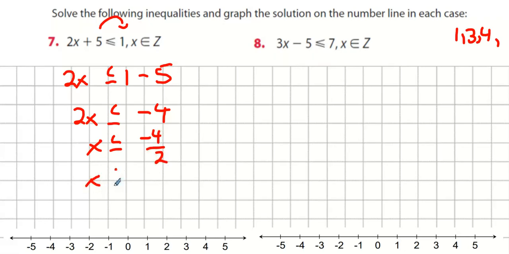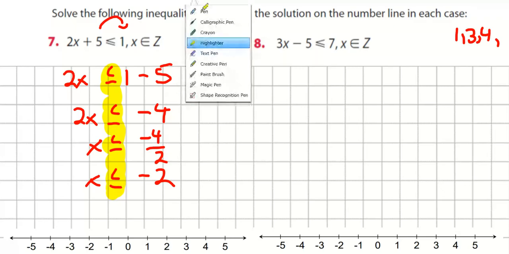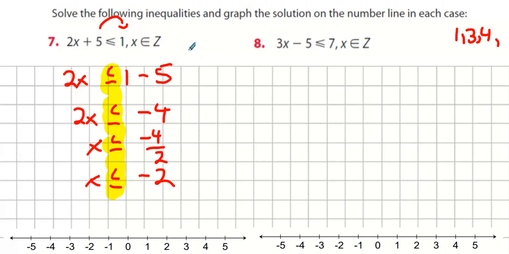And then x is less than or equal to minus 2. So all you guys see the way I stack the sign all the way straight down? It's really good for your presentation that you're only moving one bit at a time, okay? It's easy to follow.